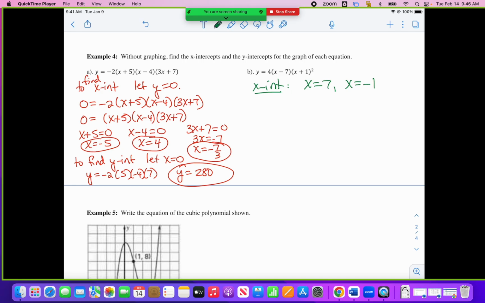If you can handle it, can you just look at it and tell the x-intercepts? I got x was 7 and x is -1. Do you see how fast you can do those? Because I'm just doing it in my head.